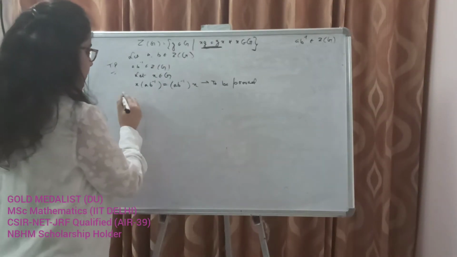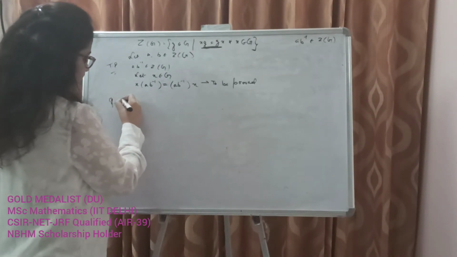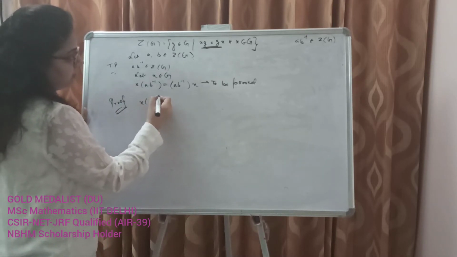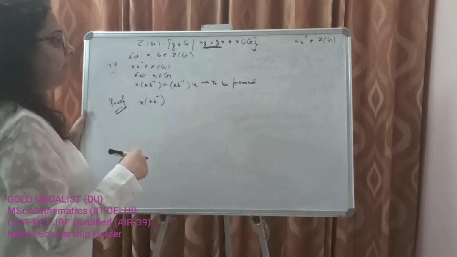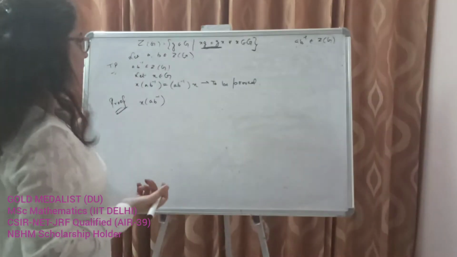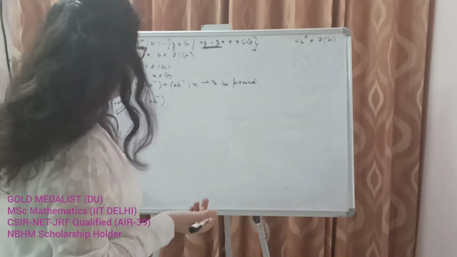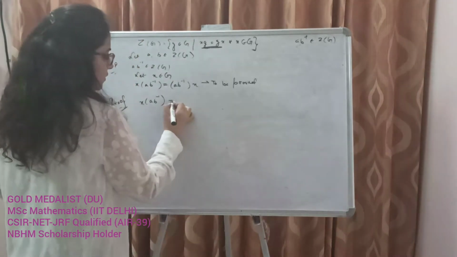Now to prove that, x into AB inverse, let's apply the associative operation here. Since these are all elements of G, we shouldn't have any problem in applying associativity.